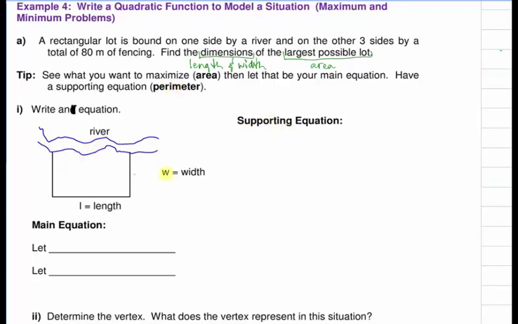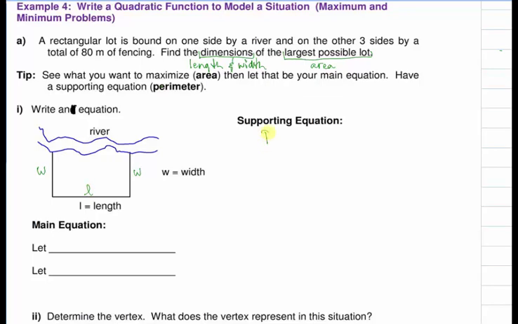And if you take a look at your picture, you don't have a full rectangle, because one side is bound by the river. So what you have is this side which is considered a width, this side which is considered a width, and this side which is considered a length. So if I want the perimeter for these 80 meters of fencing, then I've got 2W and 1L.